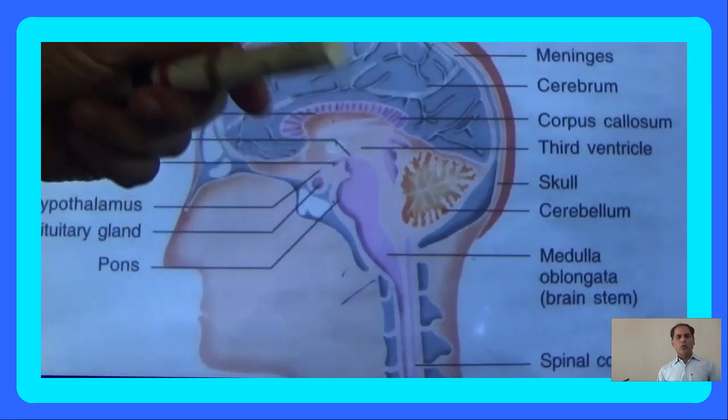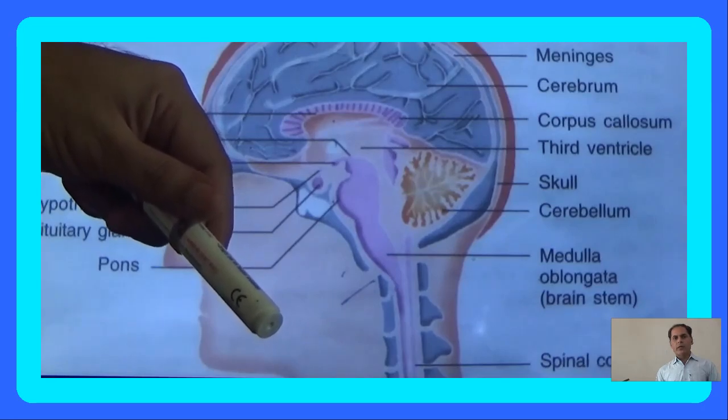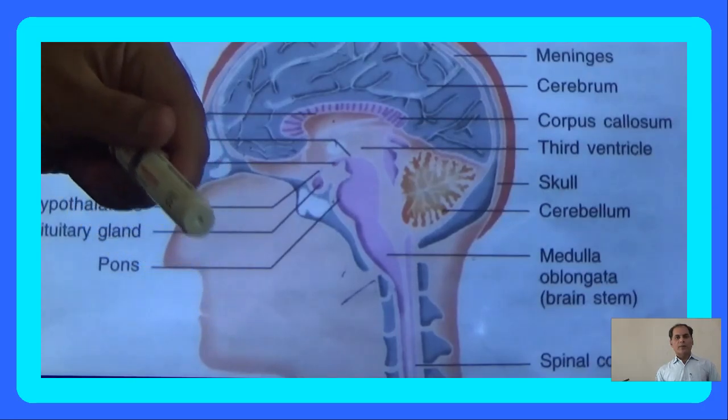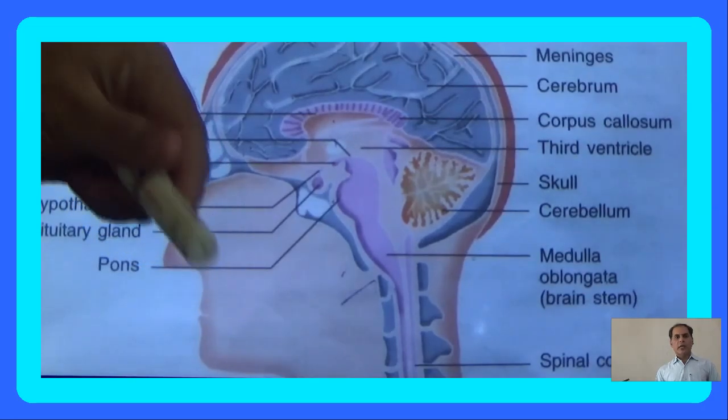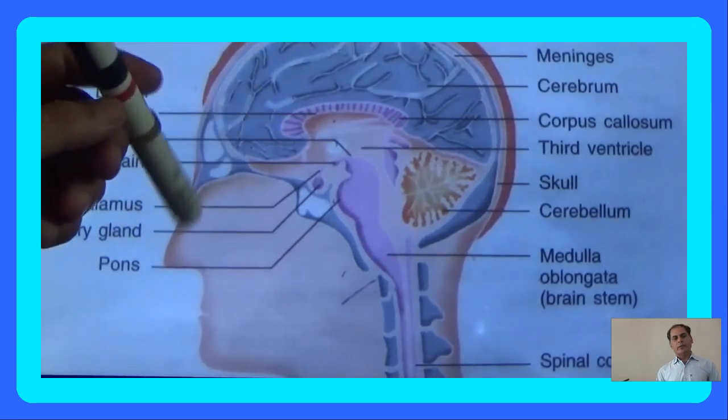Neurons we have already read, the cell body is present in the grey matter. And in white matter the axon of the neuron is present.